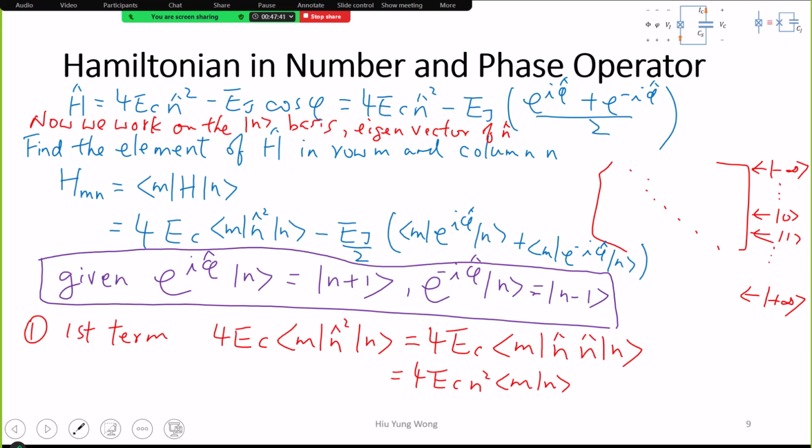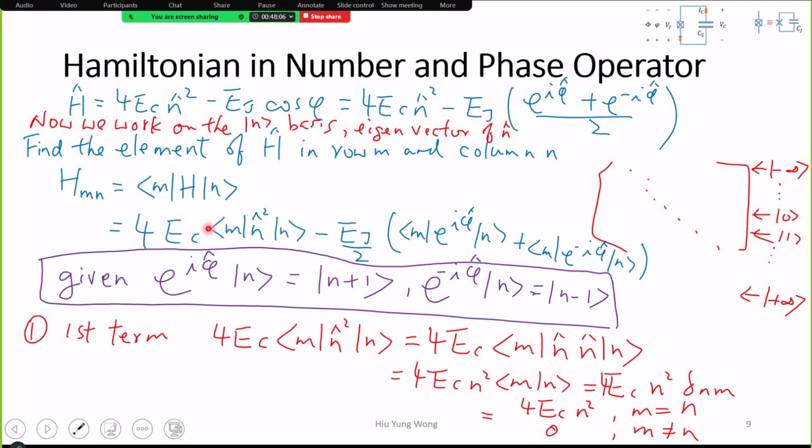Okay, so then you will get 4EC n squared delta nm, or in other words, it is 4EC n squared if m equal to n, or 0 if m not equal to n. That is the answer. Then what does it mean?